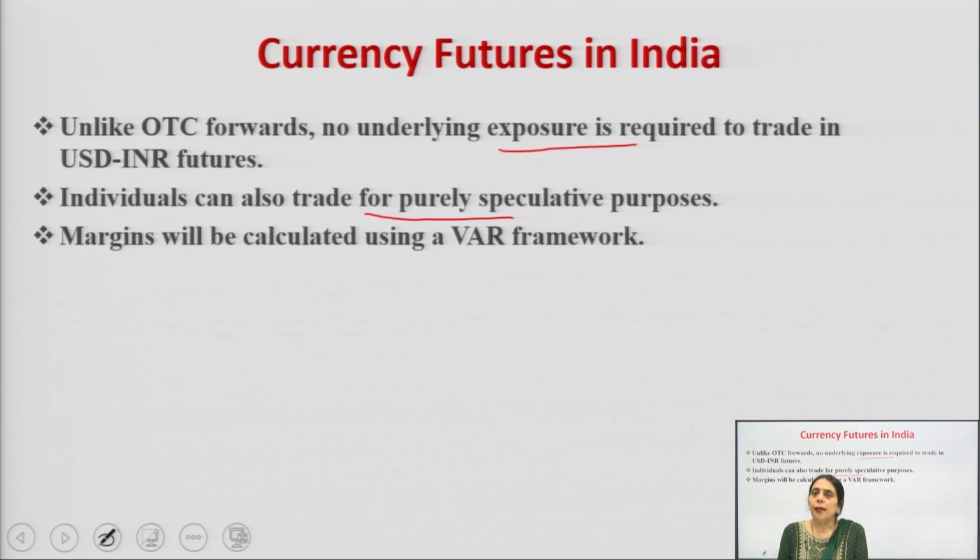It does not mean they never face losses, but their main motive is to earn a profit. The margin will be calculated using a VAR framework.